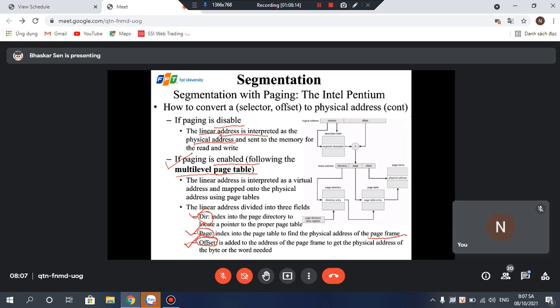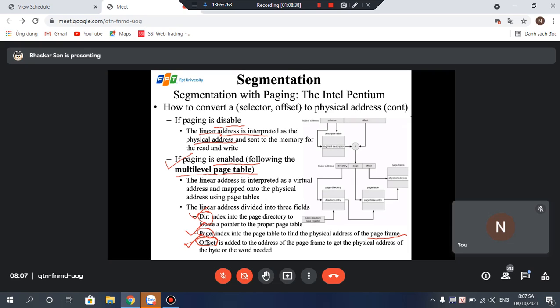If on the other hand, you decide to apply paging, and in fact multi-level paging, then things will work in a slightly different way, because this linear address that you have generated will be considered as the virtual address.